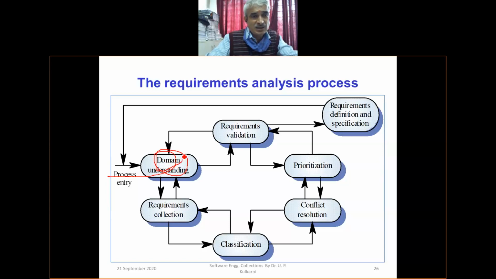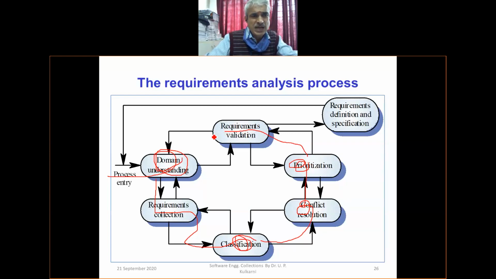Then you collect requirements. You classify whether it is functional, non-functional, or whatever. If any conflict is there, try to resolve and prioritize, which is the first priority, second priority, and you validate requirements with the end user, asking whether it is okay or not.